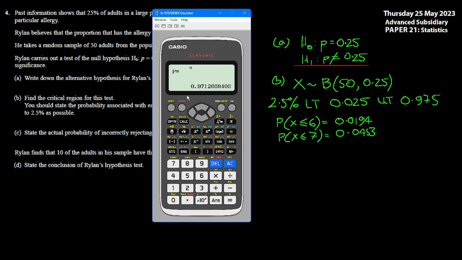Do remember that this answer of 0.9712 is the probability of x being up to and including 18. X is less than or equal to 18. Let's write these results down that we've got, which are either side of just into the critical area and just out of the critical area, and work out what this actually means in terms of the 2.5% significance level.